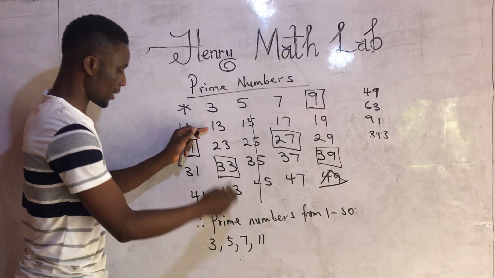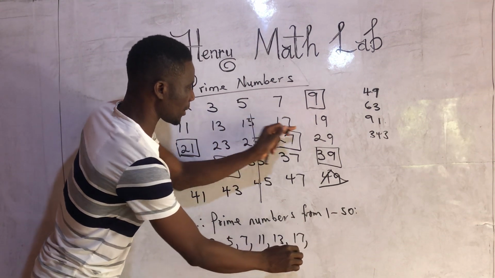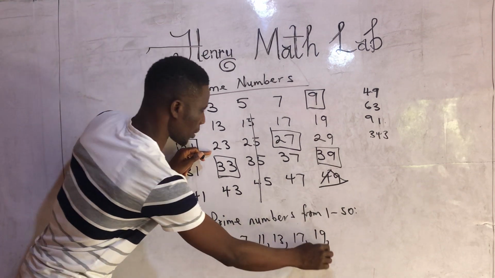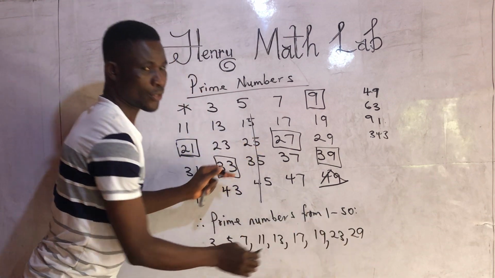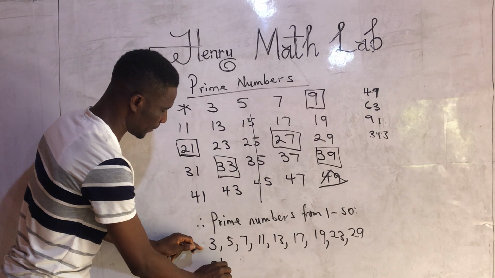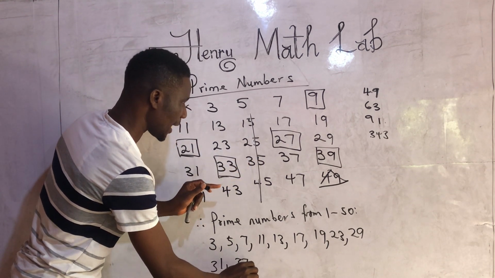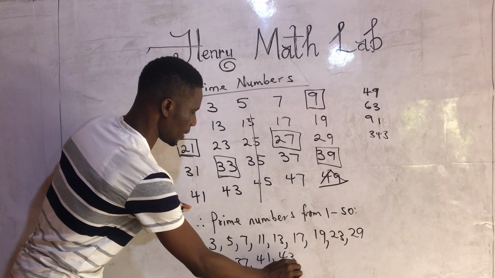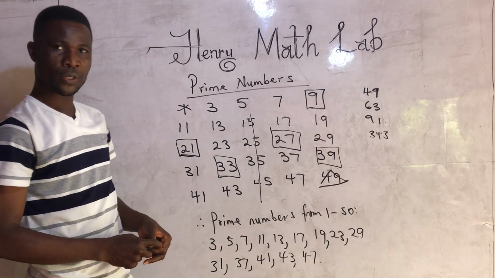You can see the next one, we have 13, and we have 17, and we have 19, and the next one we have is 23, and then we have 29, and the next one we have is 31, and the next one we have is 37, and the next is 41, 43, 47. So these are all the prime numbers between 1 and 50.